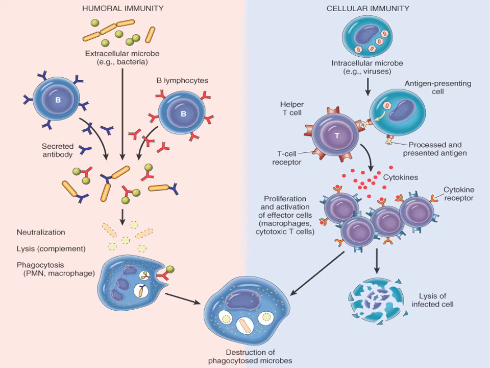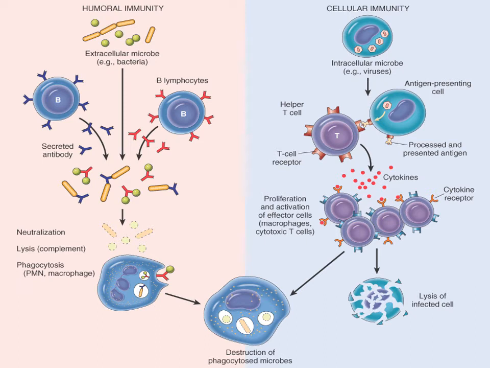the bloodstream or circulation. These immunoglobulins bind to those extracellular microbes or bacteria, and this results in opsonization or neutralization of those microbes, so that they become more favorable to be killed by our cells like macrophages and neutrophils.